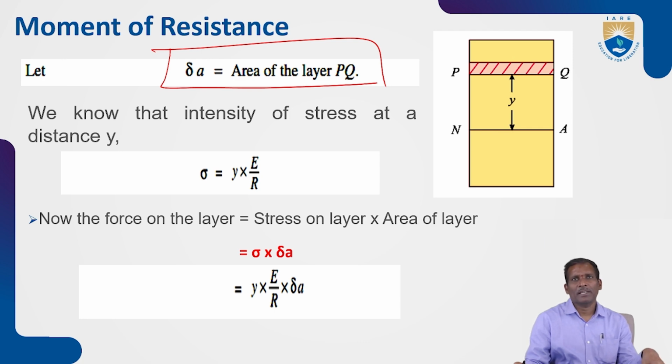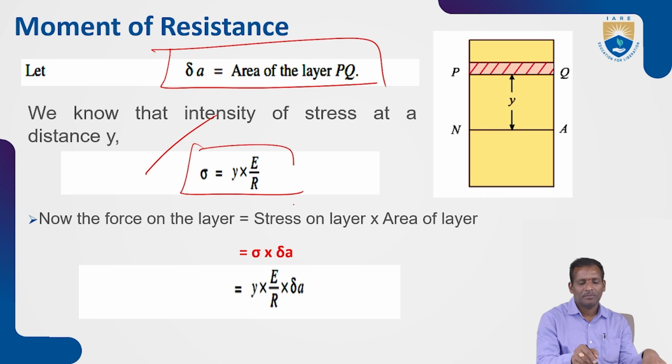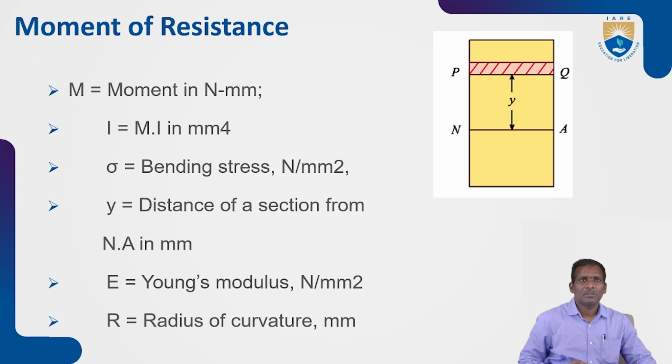Also note that the intensity of stress at a distance y, sigma, is equal to y into E by R. The stress on the layer is multiplied with the area of the layer, giving the equation. Now come to the moment of resistance.